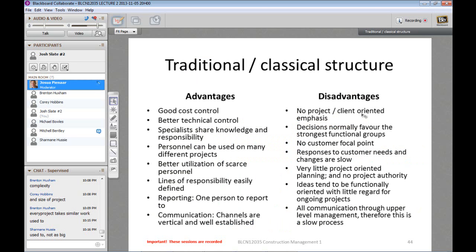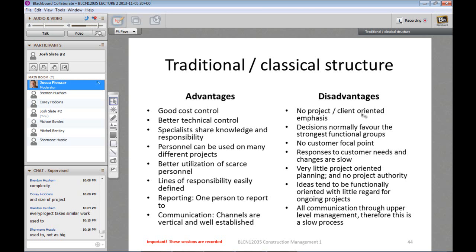And let's have a quick look at the advantages and disadvantages. Obviously, in your textbooks, you'll find more information on this, and these are just ones that I came up with a while ago. Good for cost control. We can have a single line of responsibility because it's really easy to define the responsibility, and there's only one person at the top.